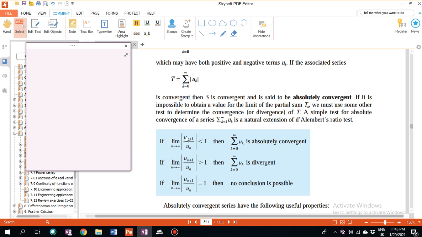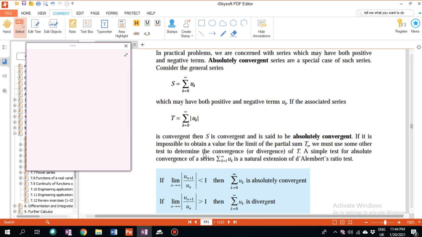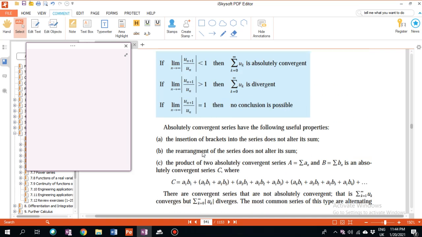If your limit of u(n+1) divided by u(n), just now what I was saying, is lesser than 1, so automatically we know that it converges. If the limit of the modulus of u(n+1) divided by u(n) is bigger than 1, it diverges. If the limit is equal to 1, then no conclusion is possible. So you need to remember this concept by referring to the previous example.